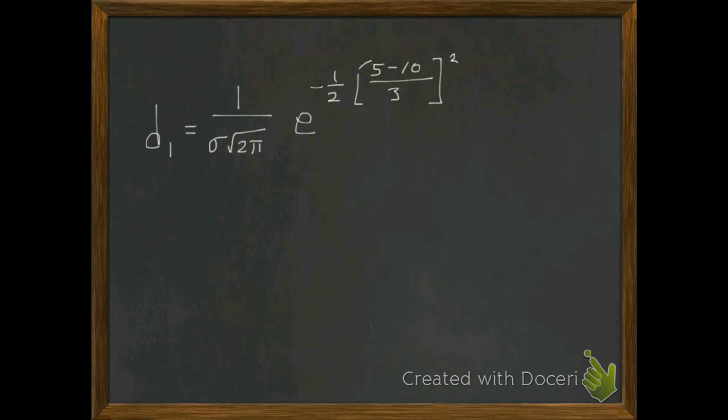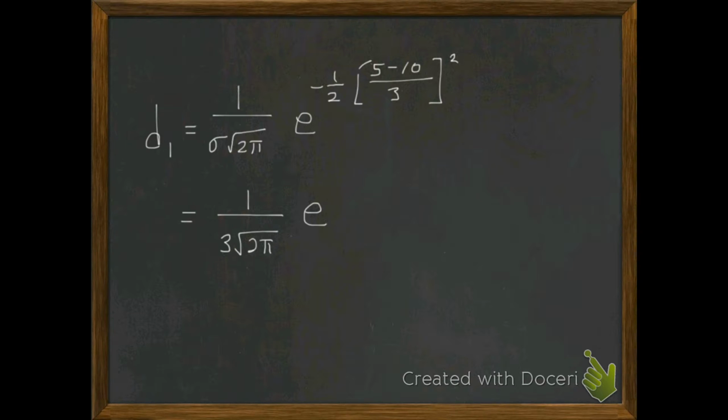Now let's just go ahead and take care of this. This is going to be 1 over 3 square root of 2 pi, and this is going to be e to the negative 0.5. It's going to make it a little bit easier. And let me grab my calculator. I'm going to simplify the exponent here.